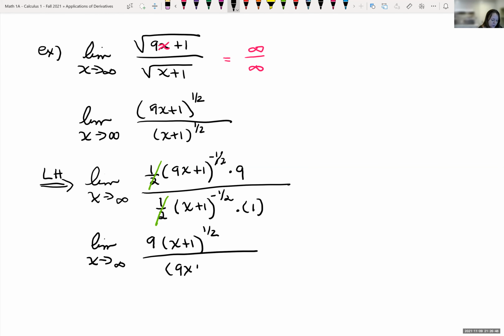So 9x plus 1 raised to the 1/2 power. So notice again, if we do direct substitution, plugging in infinity, wherever we see an x, we're getting that indeterminate form again of infinity over infinity.